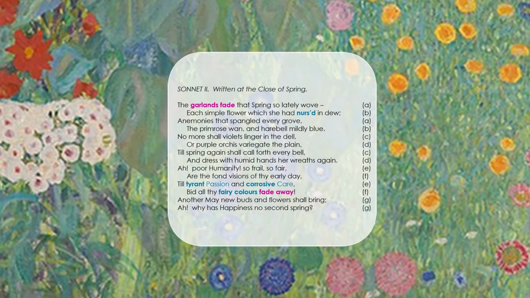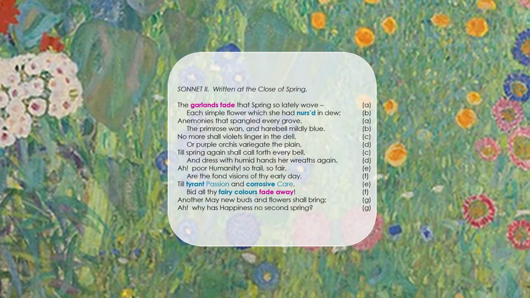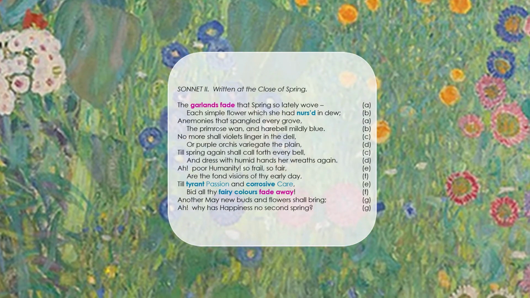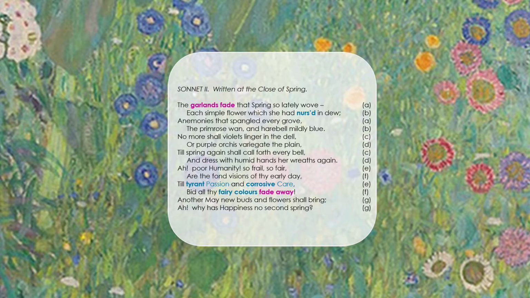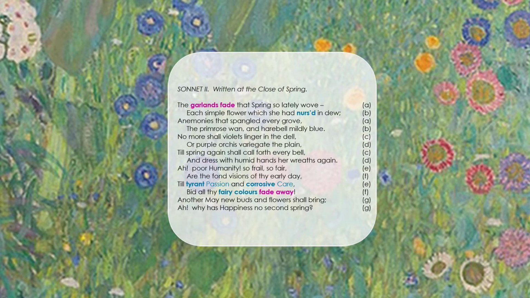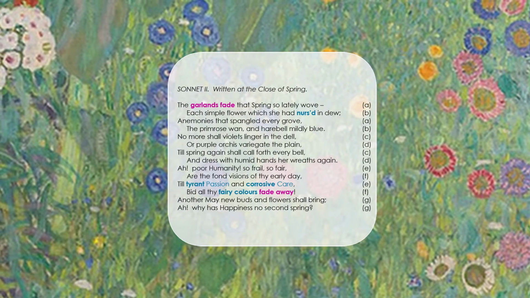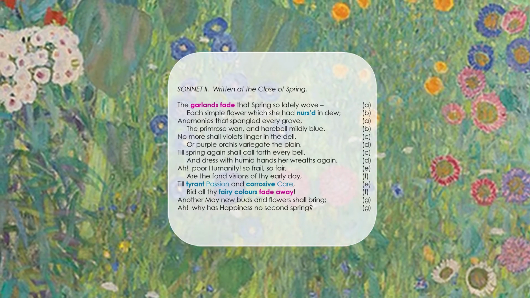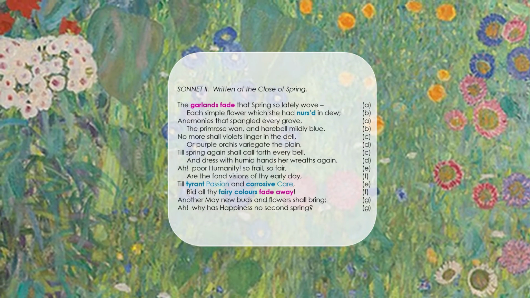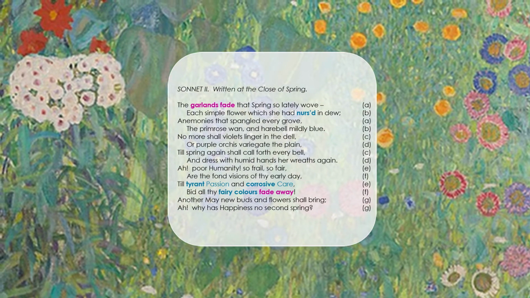But it's almost as if within this poem, humanity is sort of unnatural and unreal because it doesn't have this beautiful fairy quality. So in the octet, when we are told the garlands fade, and she's using that word fade there, moving on to ideas of repetition, when she uses the word fade in the first octet, the beginning of the stanza, spring is described as fading away, the flowers of spring are fading away.